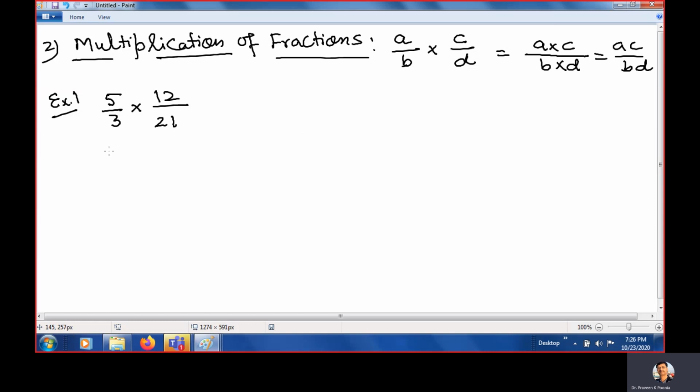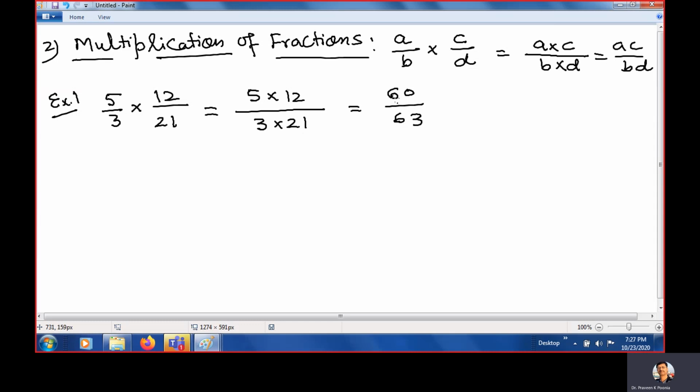If we want to multiply these two, how are we going to do it? Numerator by numerator, denominator by denominator. 5 times 12 is 60, and 21 times 3 is 63.